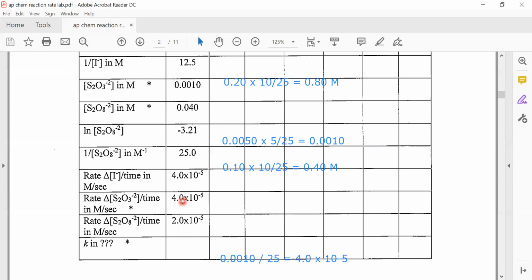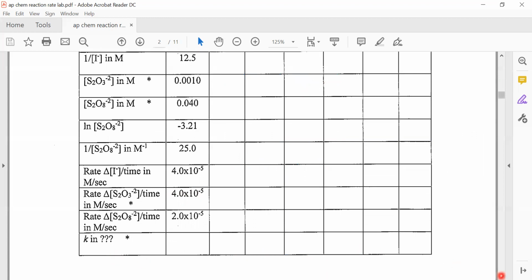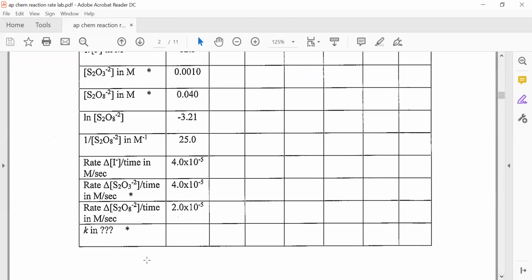So to model that reaction here, I'm going to dump these other ones and clear this out. And to model this rate here, I model the determination of K. I'm going to say K equals the rate, which we said was this one right up here, 4.0 times 10 to the negative fifth.